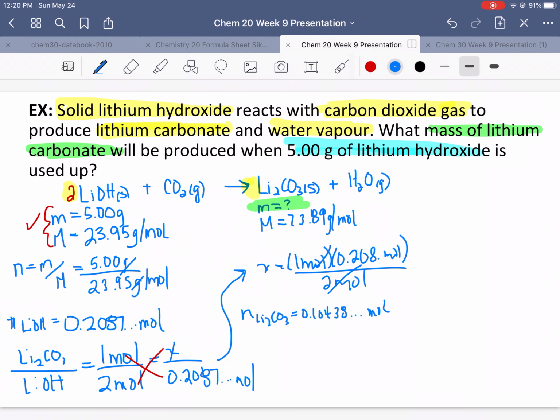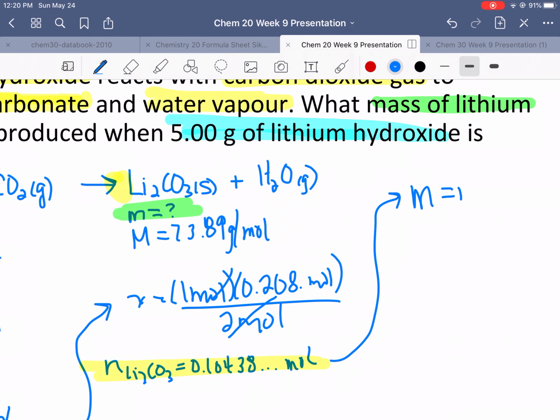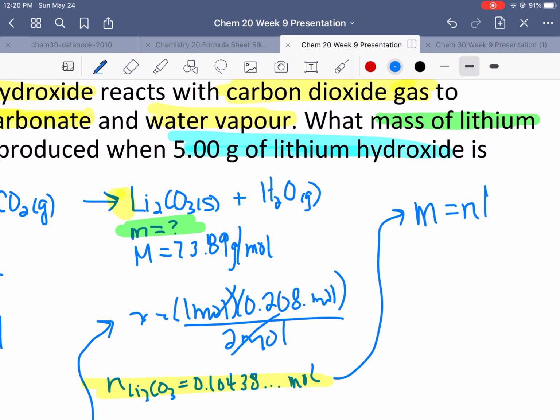So now we can take that number of moles that we just determined and use that to figure out the mass. Rearranged formula, mass is equal to number of moles times molar mass. Number of moles I just figured out, 0.104 moles.